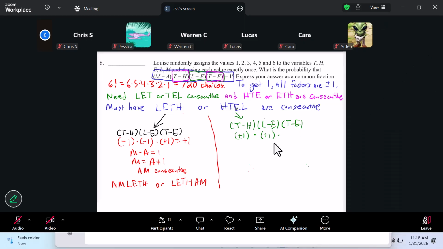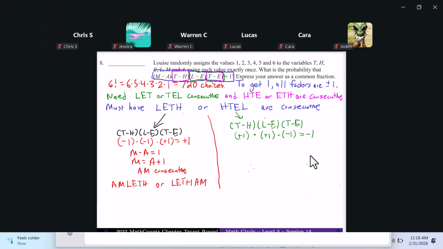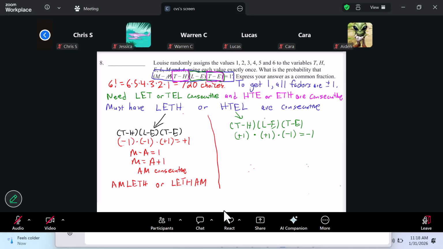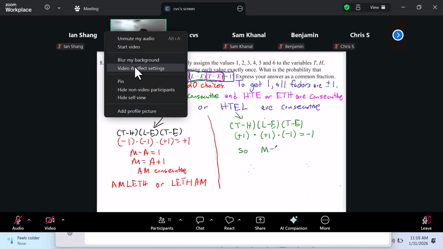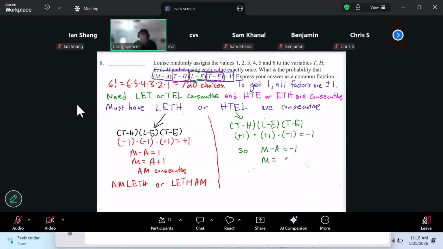And T minus E, well, T is less than E, so this is -1. And I'd find that this is equal to -1. But if I need the whole product to be -1, that tells me that this M minus A factor needs to be -1 as well. So my M is equal to A minus 1, which is just saying that MA is consecutive.